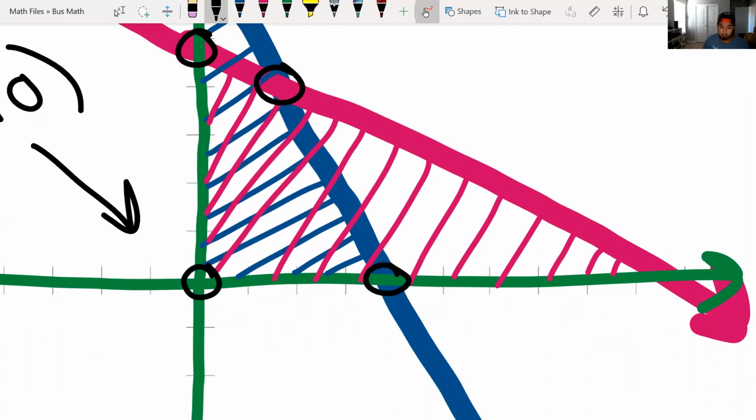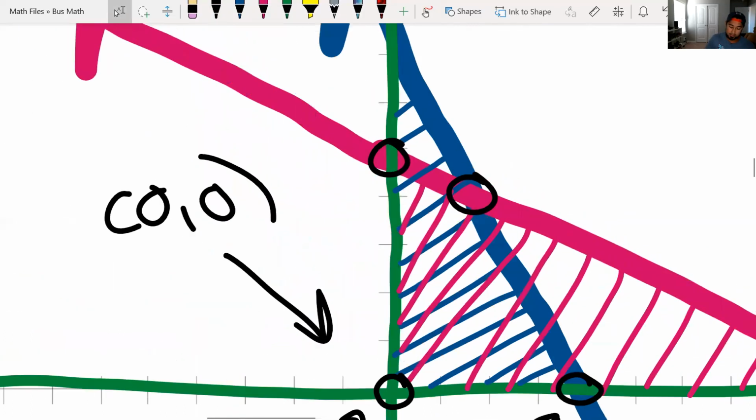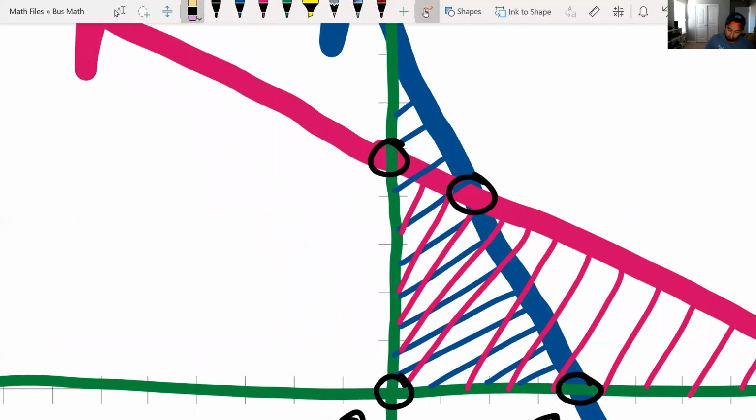That one's already labeled (0, 0). This one is (4, 0). And this one, I'll just do it again, (0, 0), so I make it nice and neat. I'll erase this part. This one is (0, 5).